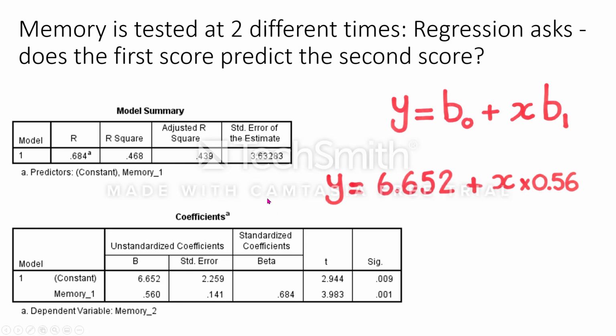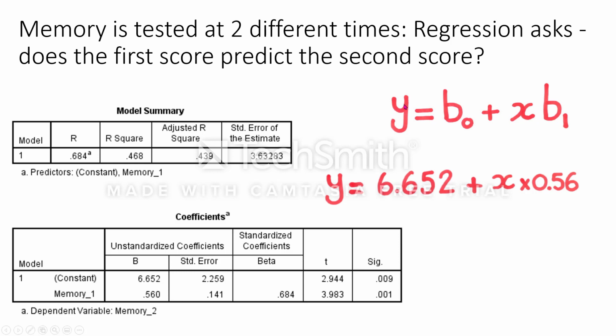And it allows us to build up this equation, and it's the equation that we can plug numbers into that gives us different predictions for the value of y. So in this example, y would be the score that we're trying to predict, right? The score on memory test 2.